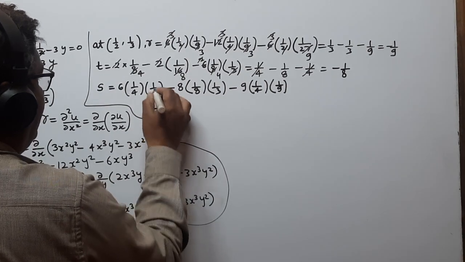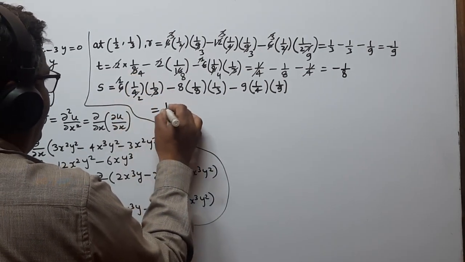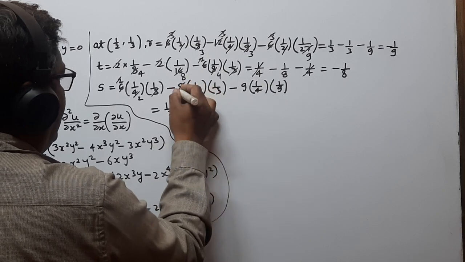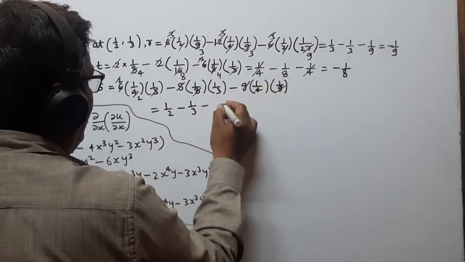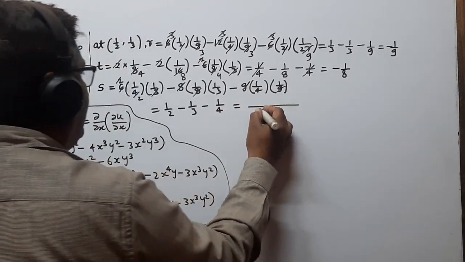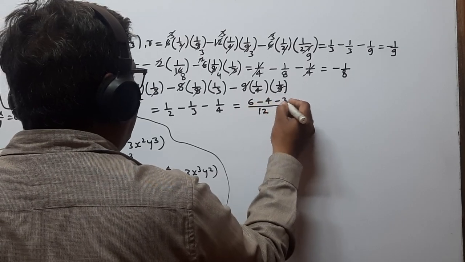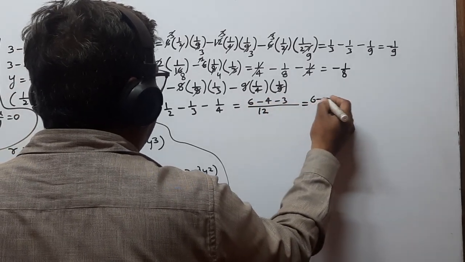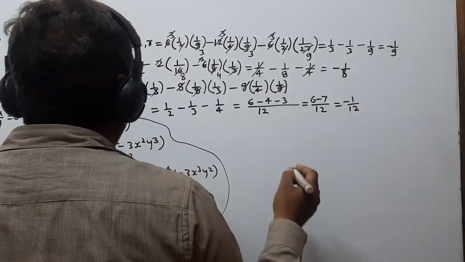Now solving this, 3 2 is 6 and 2 2 is 4, so this is 1 by 2. This 8 is cancelled out here, 1 by 3, minus this 9 is cancelled out here, 1 by 4. Taking LCM here, this is 12, 2 6 is 12, 3 4 is 12, 4 3 is 12. So 6 minus 7 upon 12, this is minus 1 upon 12.